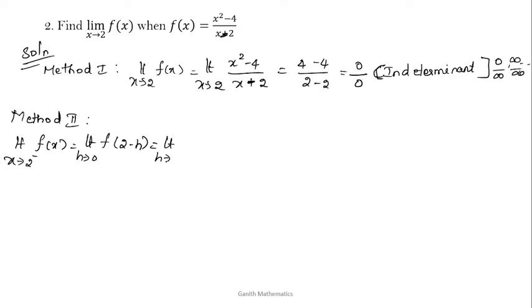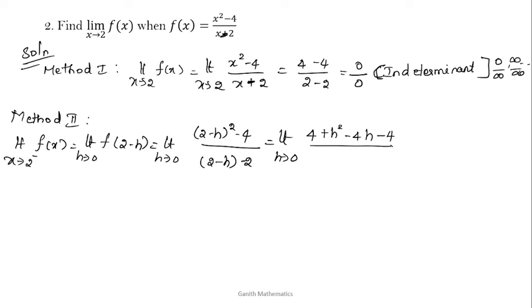Limit h tends to 0, 2 minus h the whole square minus 4 divided by 2 minus h minus 2. So it will be limit h tends to 0, 4 plus h square minus 4h minus 4 divided by minus h, right?